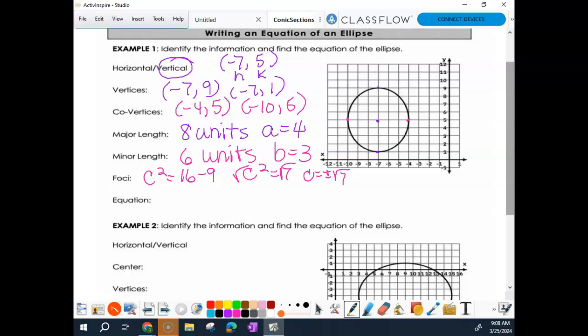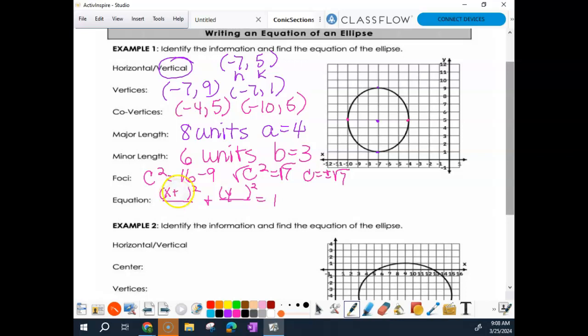Okay, so now the equation. So first of all, it always starts the same. So on top, I have -7 and 5, correct?